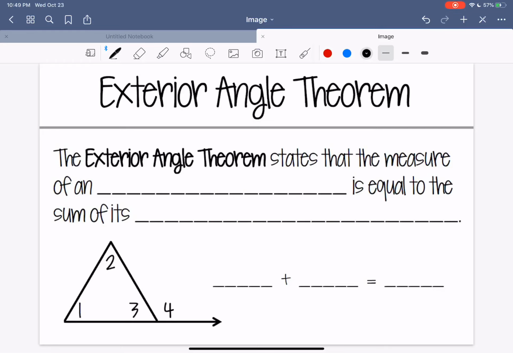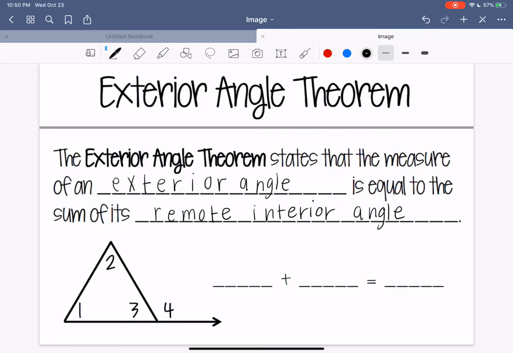The exterior angle theorem states that the measure of an exterior angle, I feel like I'm playing hangman, is equal to the sum of its remote interior angles. So an exterior angle, an outside angle of the triangle, is equal to the sum of its remote interior angles.